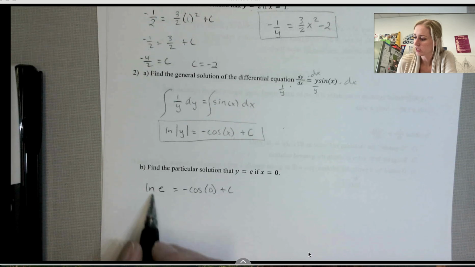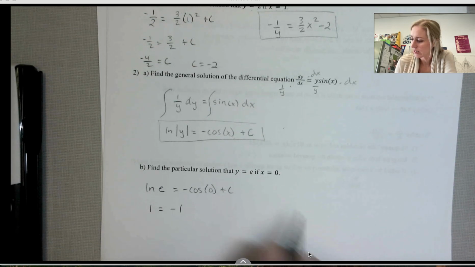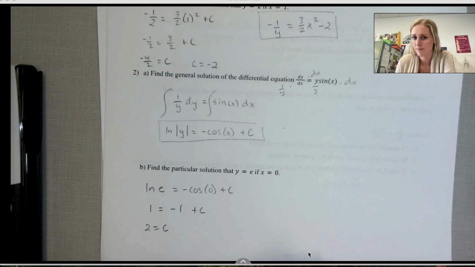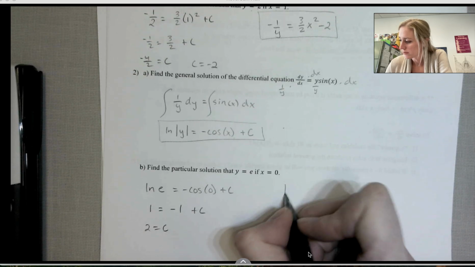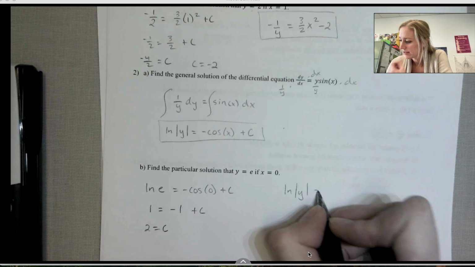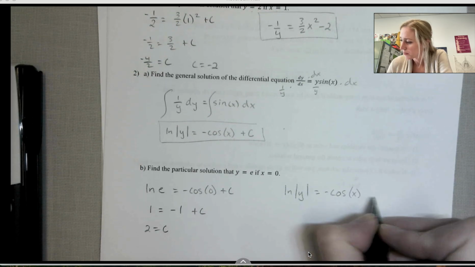Okay, solving for c, natural log of e is 1. Cosine of 0 is 1, but we do have that negative in front. Add our 1 over, so we get 2 for c. So my particular solution, natural log of y is equal to negative cosine x, and then plus 2.